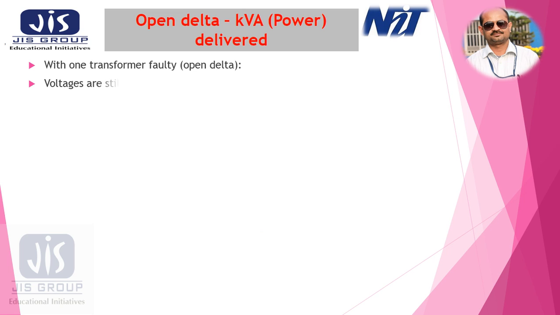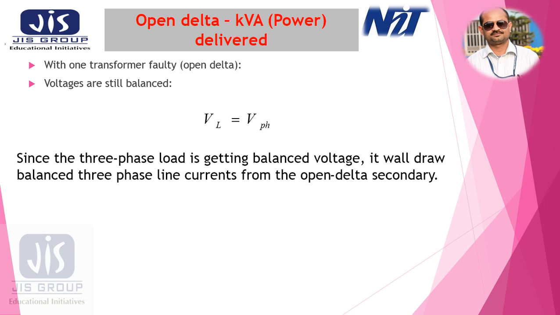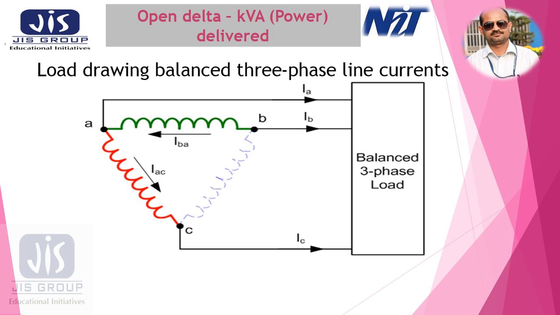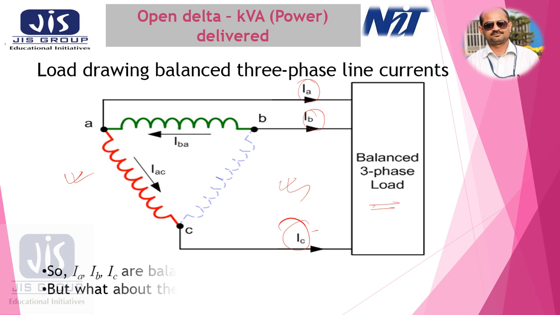Okay, now suppose one transformer is faulty, now it is forming an open delta, but the voltage is still balanced. So VL equals V phase. Since the three-phase load is getting balanced voltage, it will draw balanced three-phase line current from the open delta secondary. Balanced supply it is getting from the primary. This is the figure of the secondary side, with a balanced three-phase load.